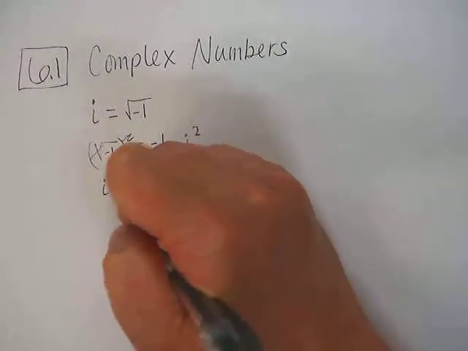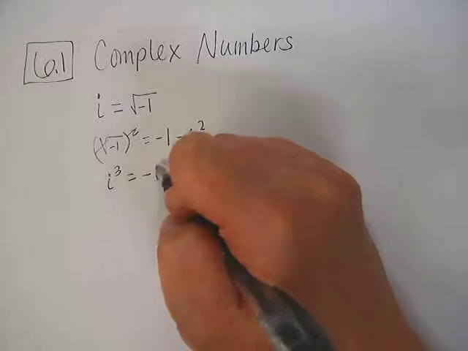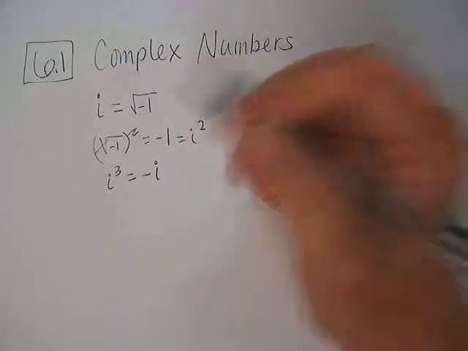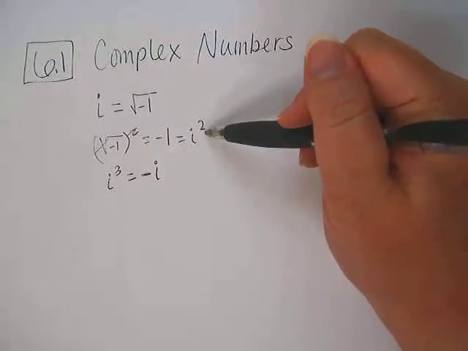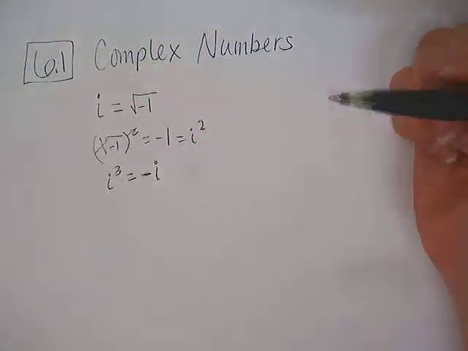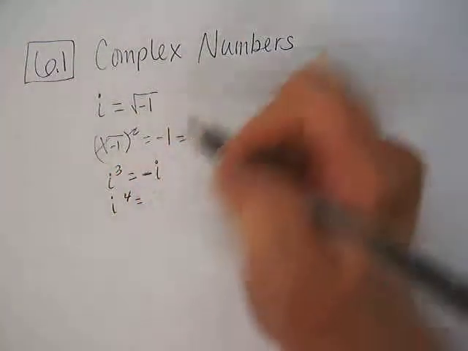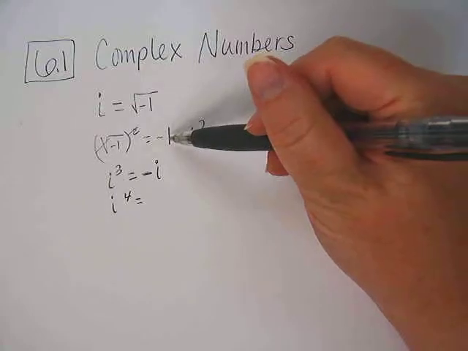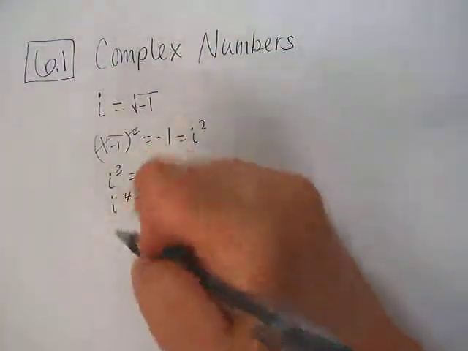This actually cycles through so that i cubed can be replaced with -i, because it's basically like i times i squared, and since i squared is -1, i cubed can be -i. And then i to the fourth is just i squared times i squared, which is -1 times a -1, which is a positive 1.